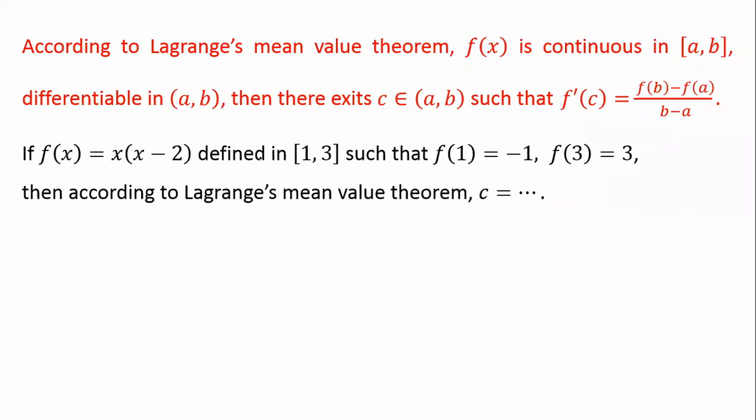If f(x) equal to x into (x minus 2) is defined in [1, 3] such that f(1) equal to minus 1, f(3) equal to 3, then according to Lagrange's mean value theorem, c is equal to, options are provided. Please solve and tell me the answer immediately.